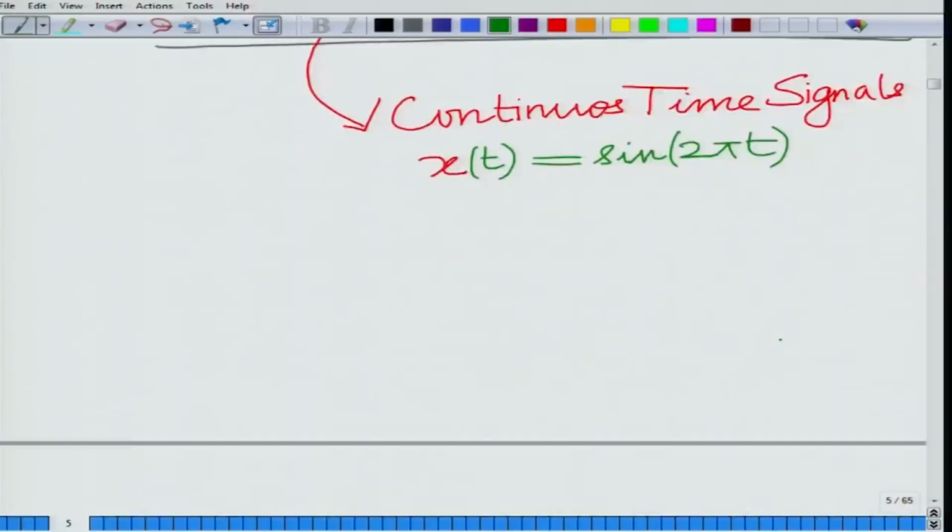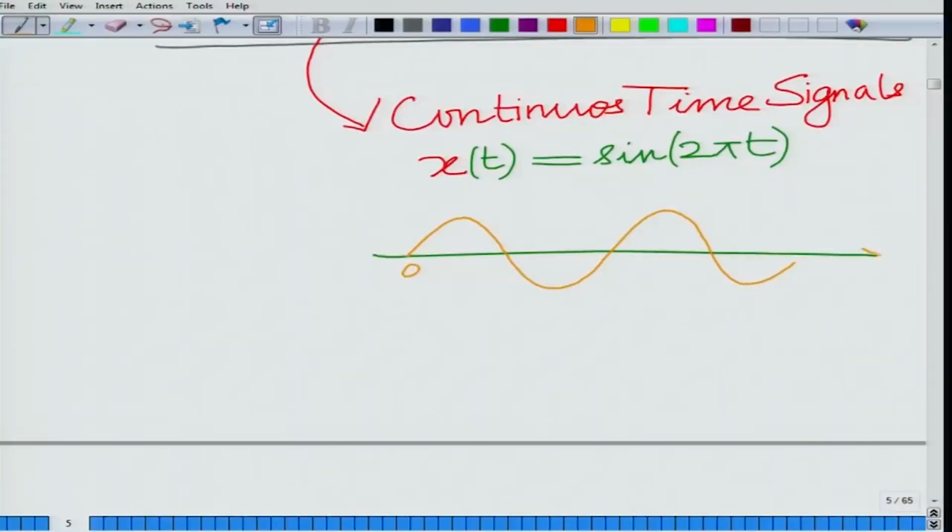That is a continuous time signal. It is also known as a sinusoid, and looks something like this: it starts at 0 and goes with time. So, this is x equal to sine 2 pi t. This is also known as a sinusoid or a sinusoidal signal. Either cosine 2 pi t or sine 2 pi t, both are known as sinusoids or sinusoidal signals.